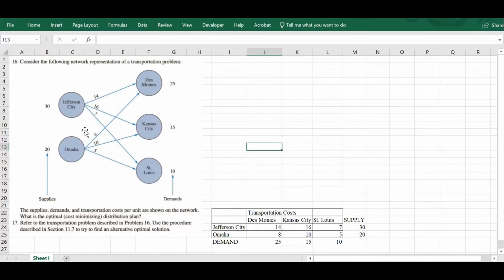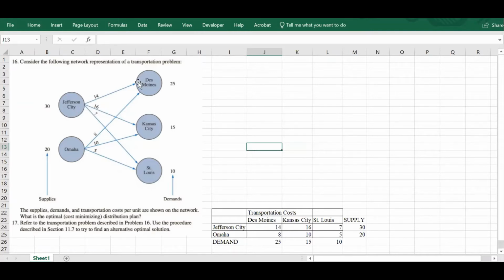And we want to know how much product to ship from each one of our suppliers to each one of our customers. So we know exactly the transportation cost per unit from each one of these routes.